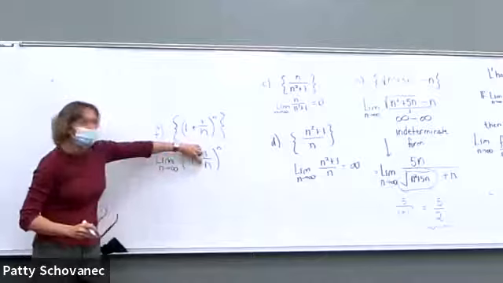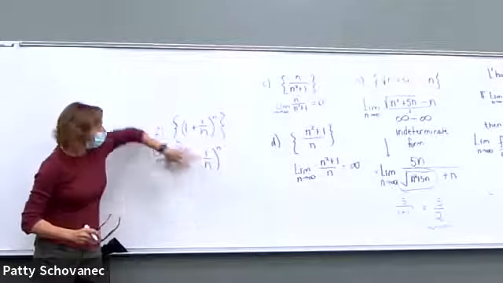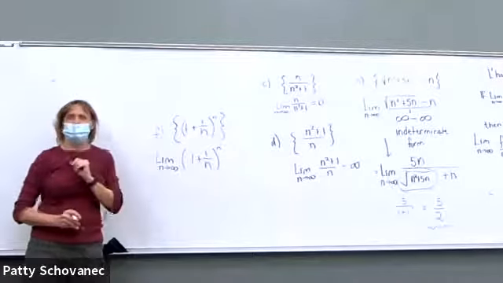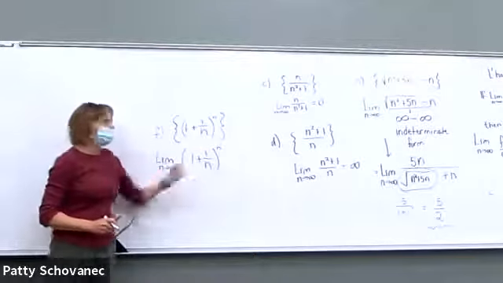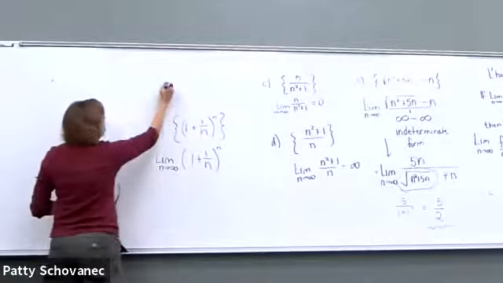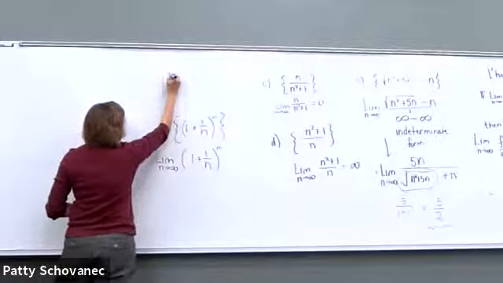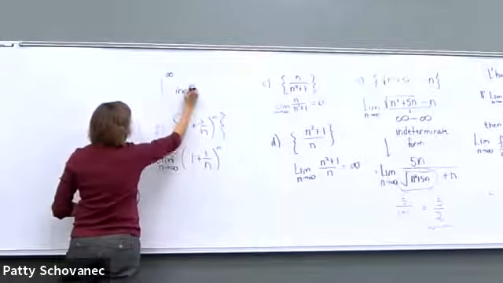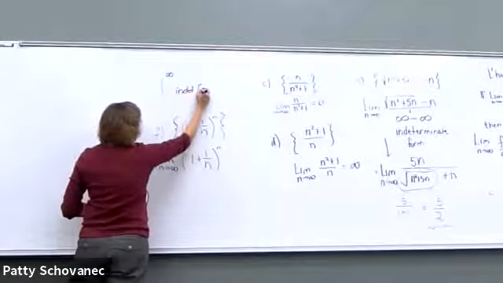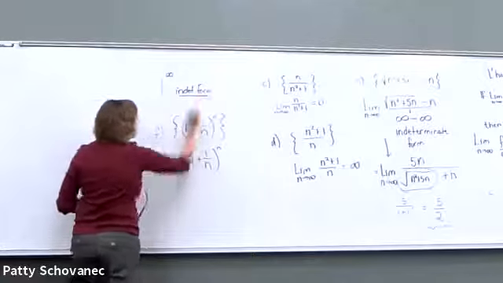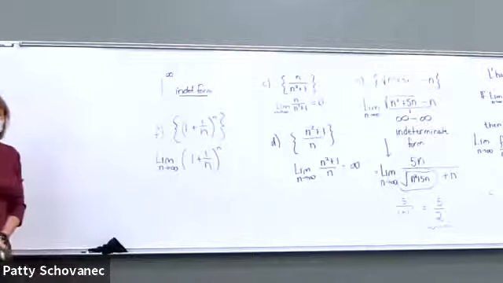One over infinity goes to 0. So the expression in the parentheses behaves as 1. Then the exponent is going to infinity. So this has an indeterminate form of 1 to the infinity. And that was an indeterminate form in which we used a logarithm.